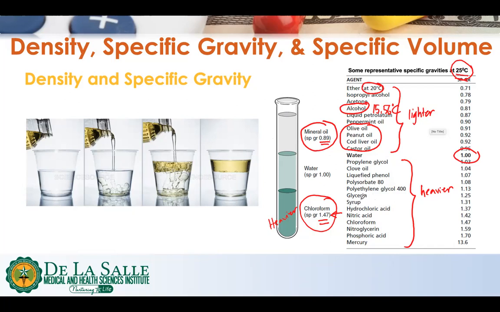An example of this is syrup. Syrup is a solution of sucrose in water. Because sucrose by itself has a specific gravity of greater than 1, its solution in water will also have a specific gravity that is greater than 1.